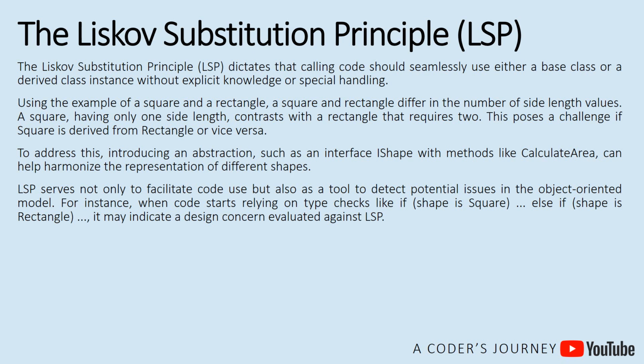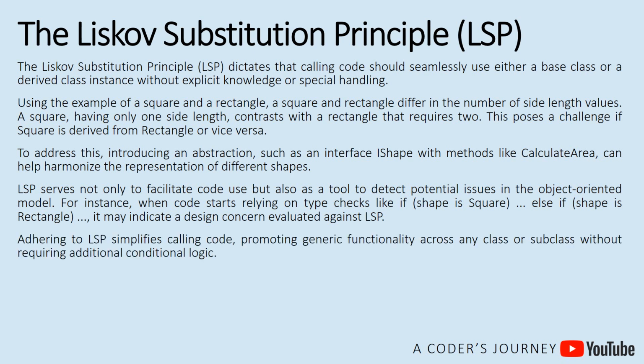So whenever you are checking this in a switch statement or if conditional, it means that your code is not working with those instances seamlessly. You are explicitly checking the type of the object, right? So this is very important. As I told you, seamlessly is the keyword here.